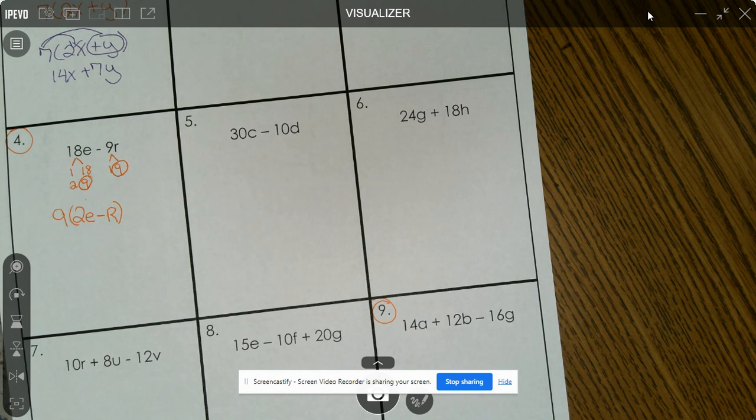Does that make sense? I love the fact that Cody came up and showed me that he got a different answer, but he said it's still correct. The reason why it's not necessarily correct is because he didn't find the greatest common factor. He found a common factor, but you can factor it even smaller than what he did.